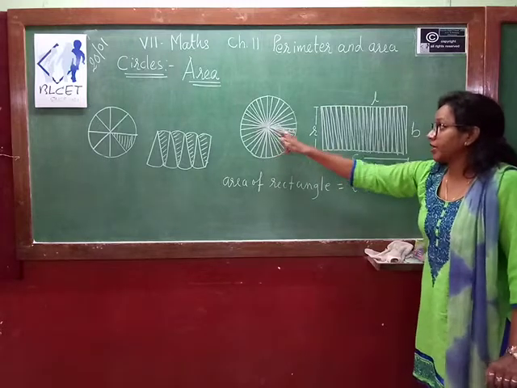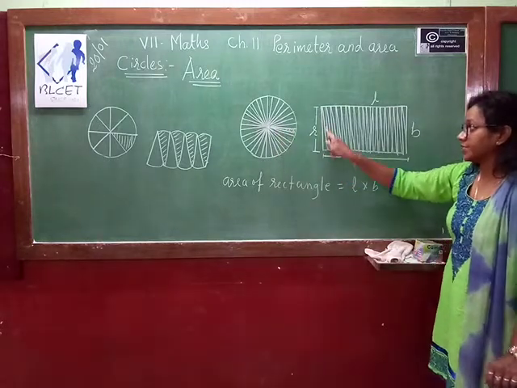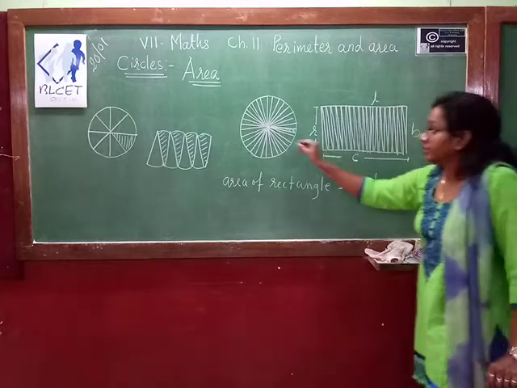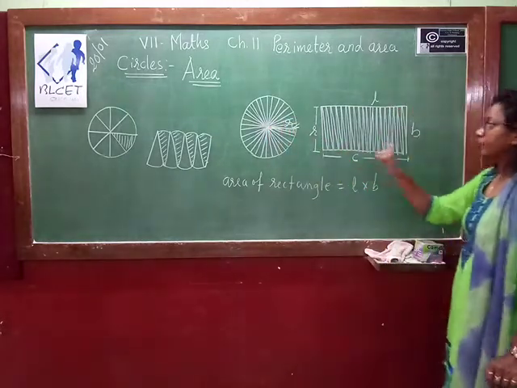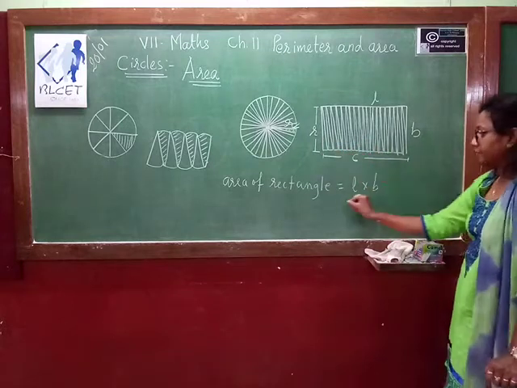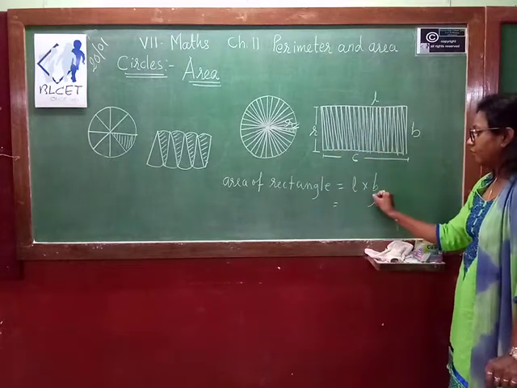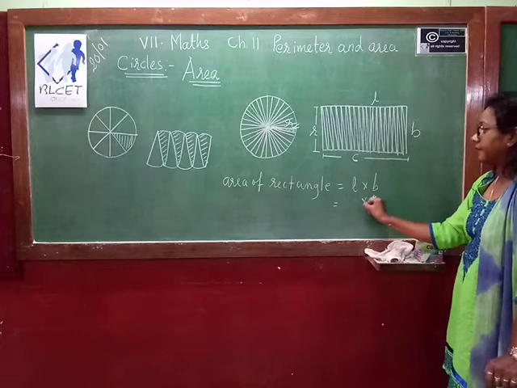This portion from here to here is your radius. We know that center to here is the radius. So breadth becomes radius. In place of B you can write R.